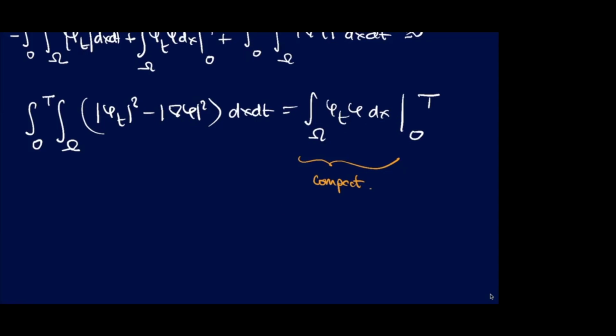Why? Because while phi t converges weakly, the compactness of the embedding of H1 into L2 will allow you to pass to the limit in a strong manner here.